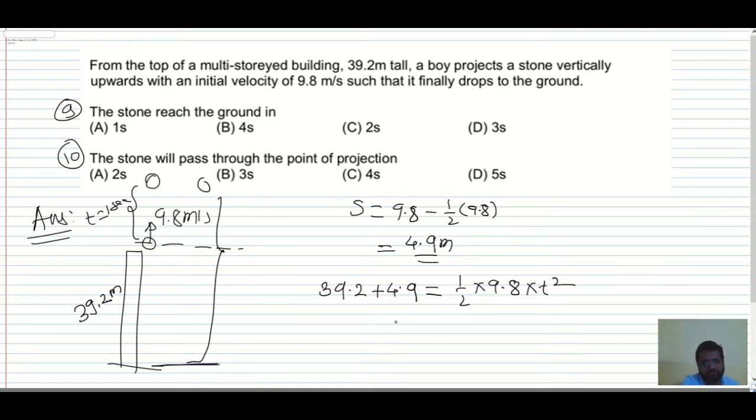Now if you just add this, you will get 44.1, which is equal to 4.9 into t squared.